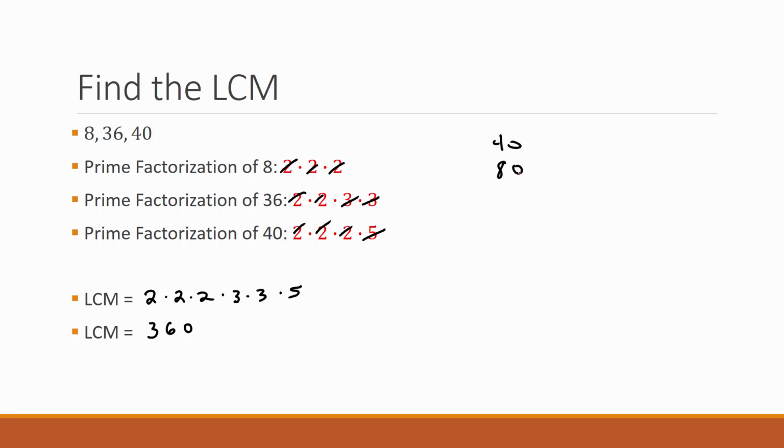Then I keep going. 80, 36 still won't go into it. 120, no, it won't go into it. 160, 200, and you can keep going in this fashion until you find the number that the other two numbers will go into, and 360 would be the first number that 8 and 36 will also go into. So that would be our least common multiple.